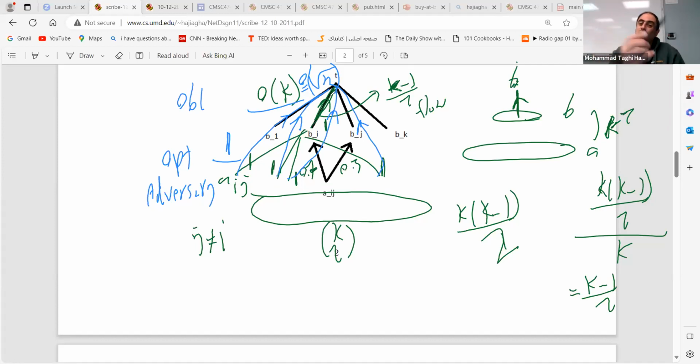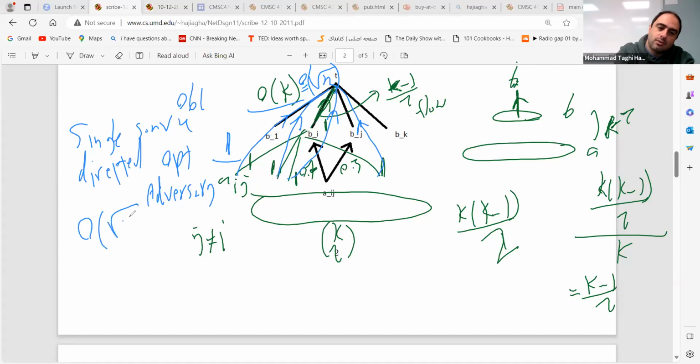And actually, in this paper with Harald Räcke and Tom Leighton, we showed that for single source directed, you can actually get order square root of n, O tilde square root of n.